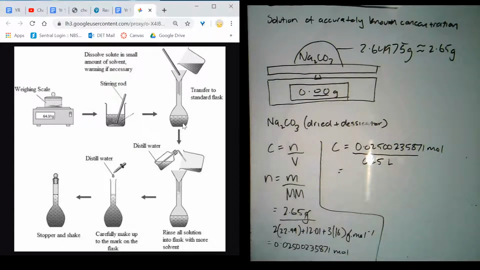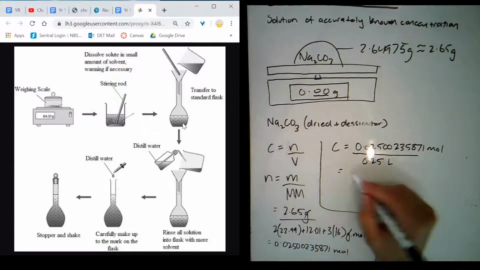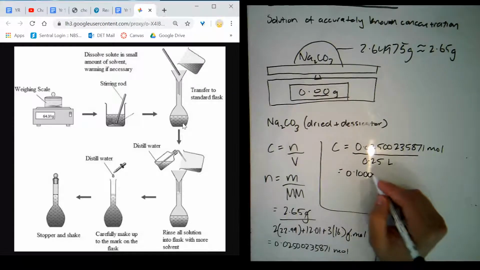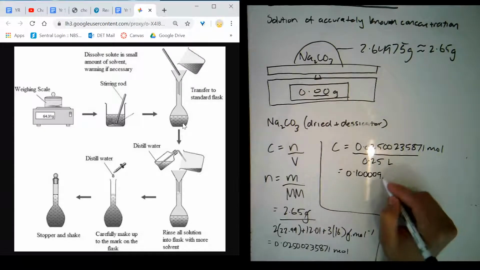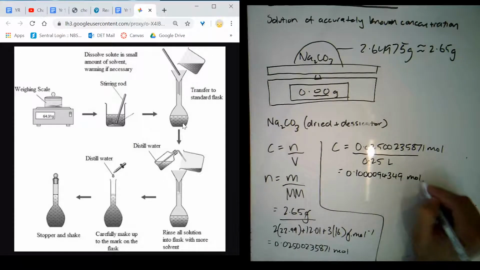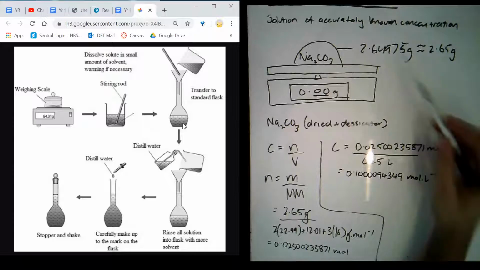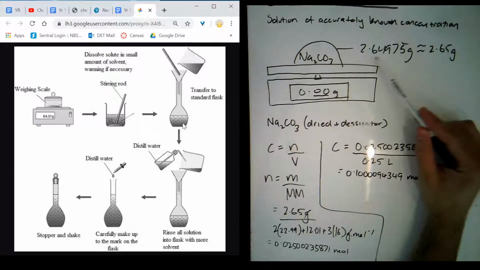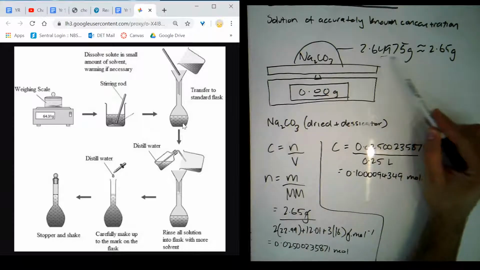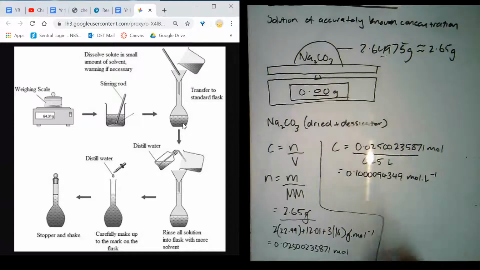Okay, so we divide that by 0.25, it's the same as multiplying by 4, and we end up with 0.10000094349 moles per litre. Now, you can see that not being able to weigh this out to this accuracy changes our concentration that we wanted, but only a little bit here.